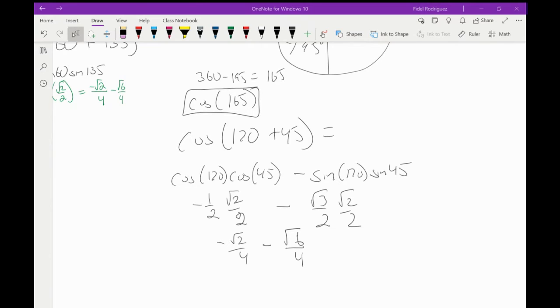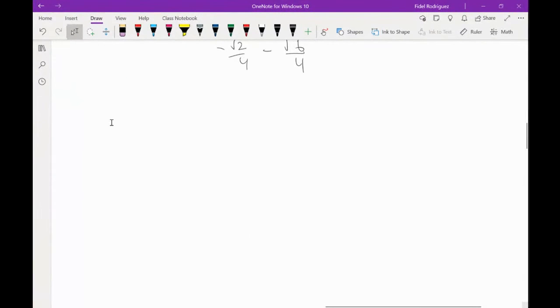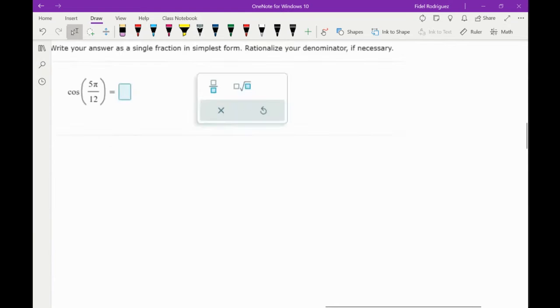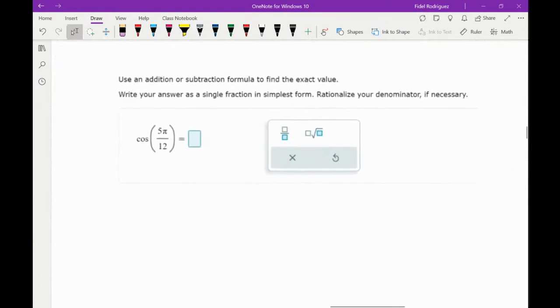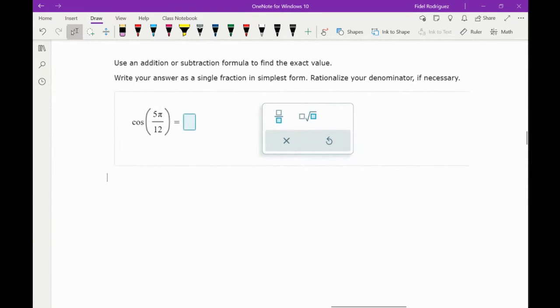But let me try this one more time. The only thing I can think of is write your answers as a single fraction, because we do have a single fraction. Okay. I guess, right? But okay. So look, we're going to try something here.